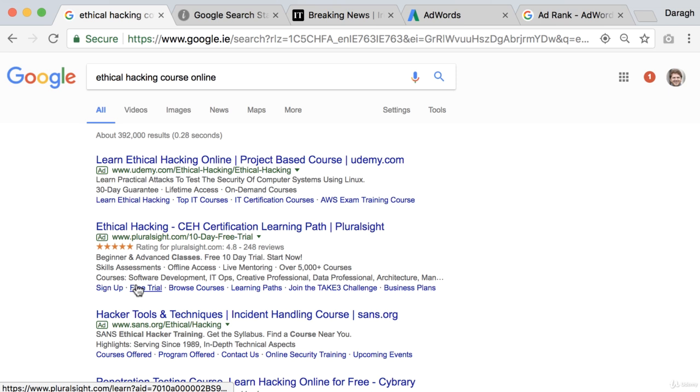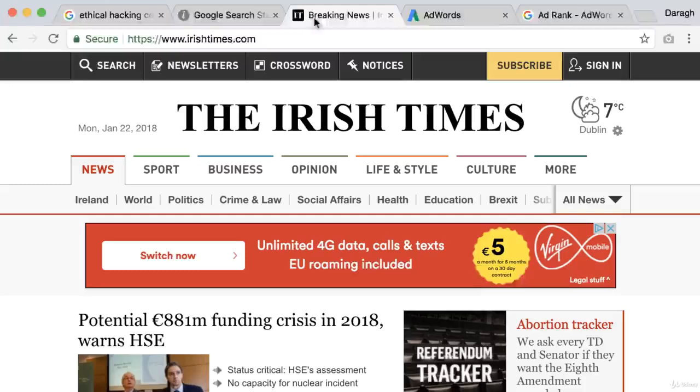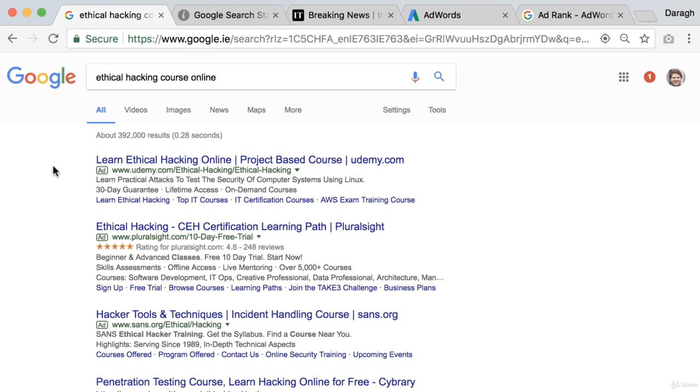Multiply that by 7 ad slots per search term, and you have got a phenomenal business and really unlimited advertising space that you can sell to. That is just a lot more than a traditional newspaper, and that's really how Google became the biggest advertising company in the world. It's actually genius, and it's amazing to see how powerful that is.